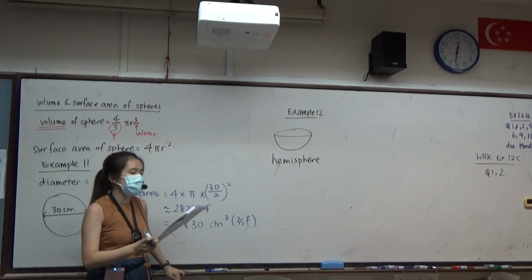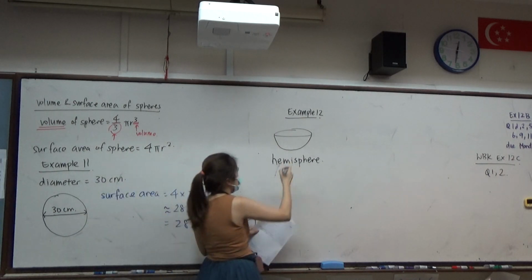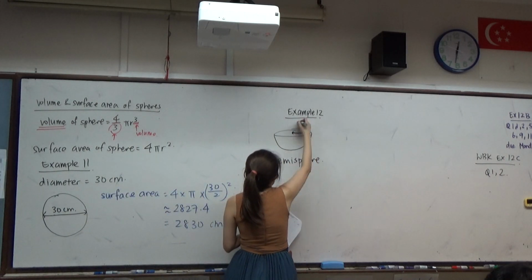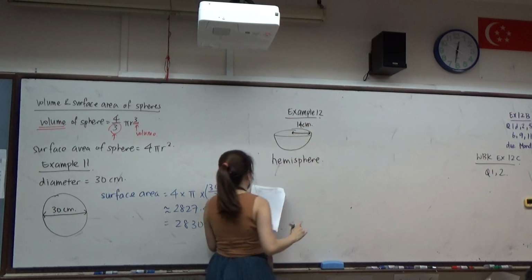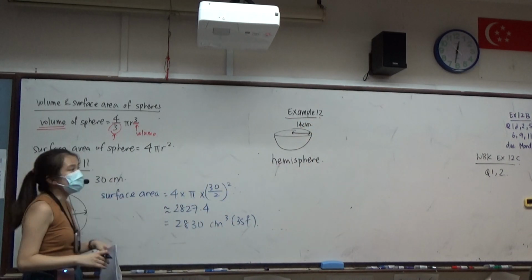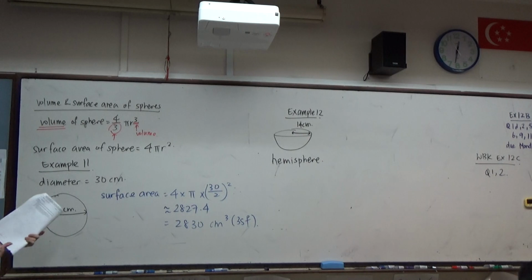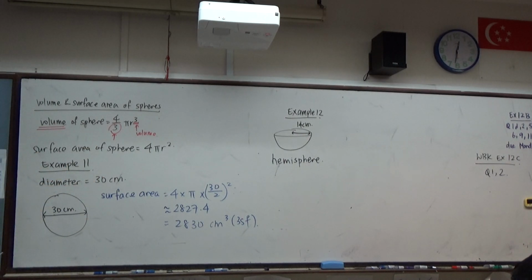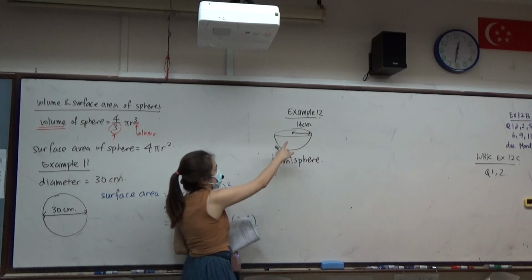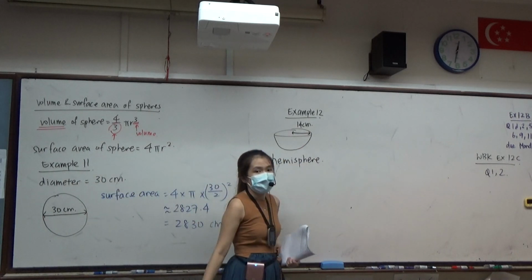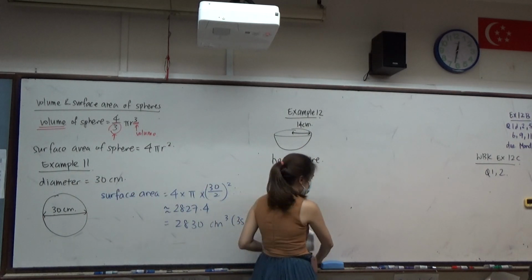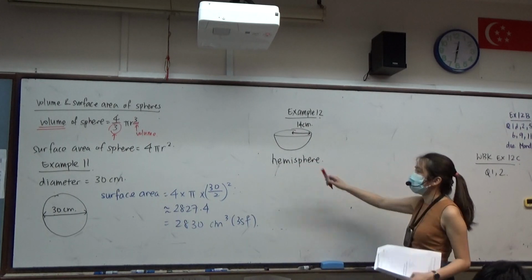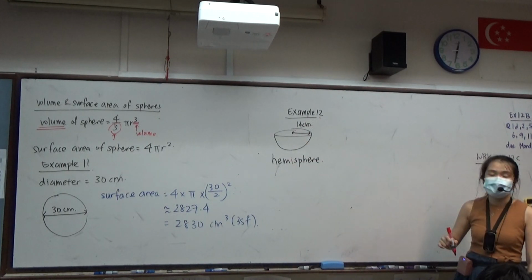So this hemisphere has a radius of 14 cm. Because it's half a sphere, the volume will be half the volume of the sphere, right? But the total surface area needs to include the circle on top. So we need to be careful about calculations involving a hemisphere.